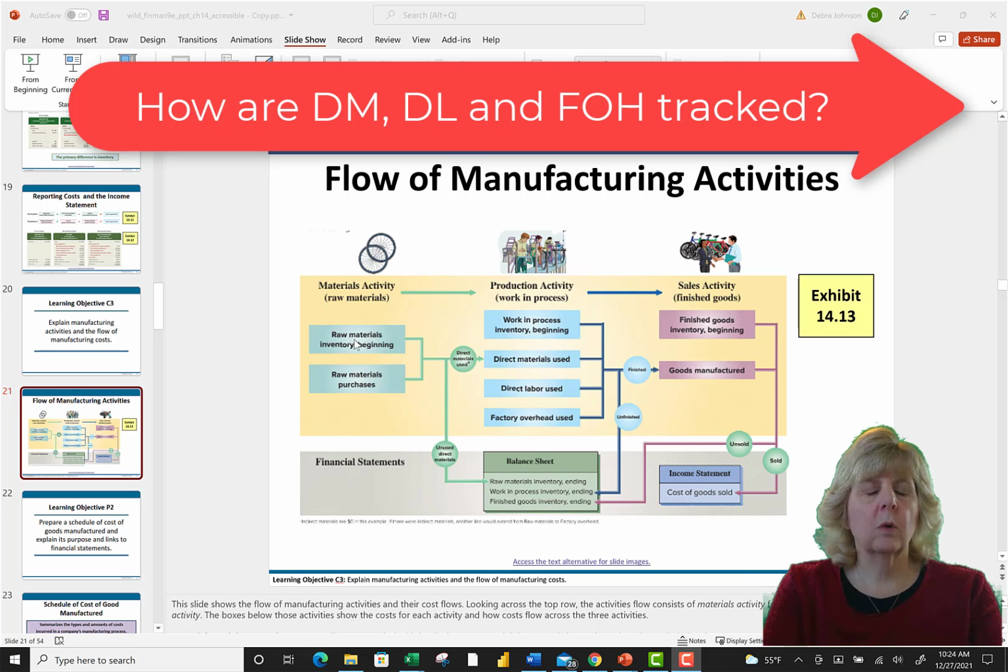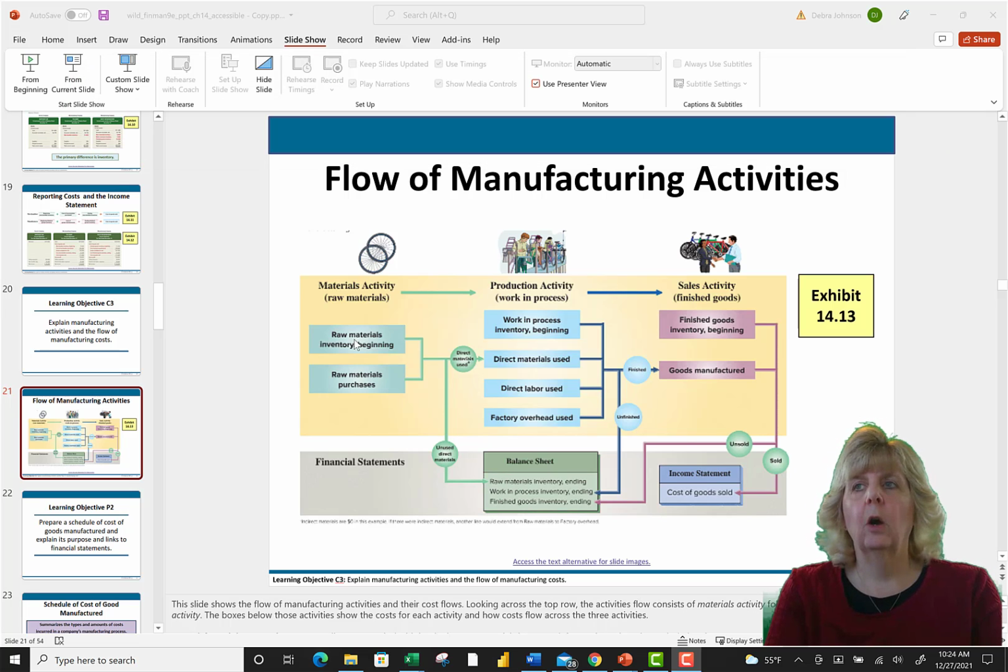So when I mean that we're going to track the cost from birth until death, I mean we're going to take each one of those 3 product costs and see how they make their way from the balance sheet where they're born, eventually crossing into cost of goods sold, which will mean they die. When a cost reaches the income statement, I refer to it as a dead cost. It has no more future value.